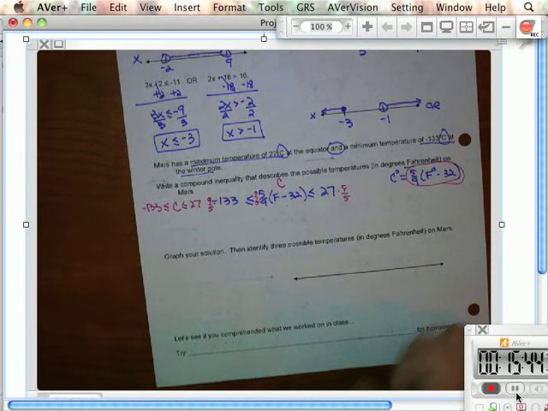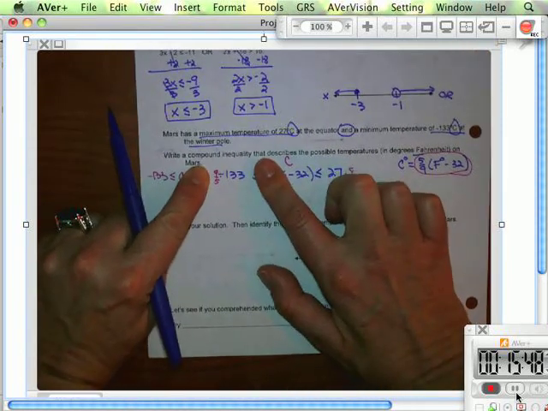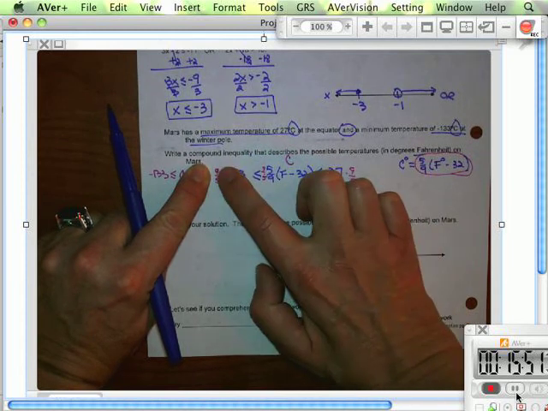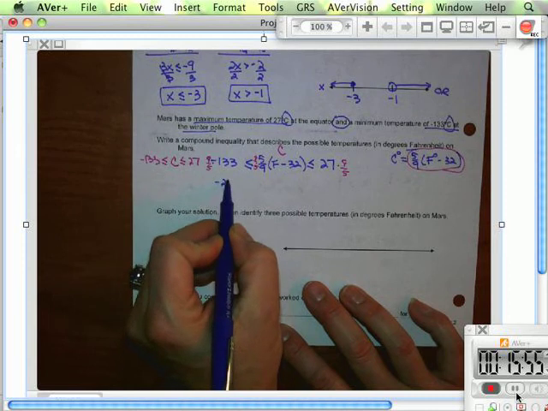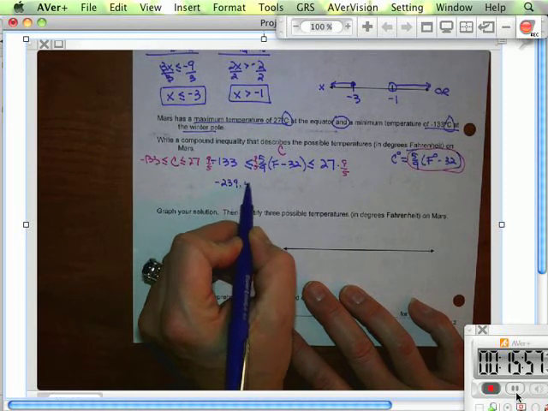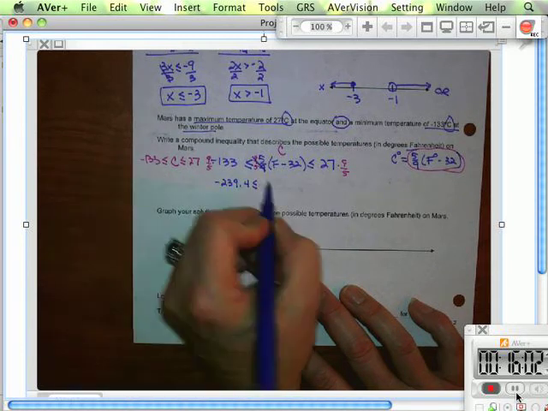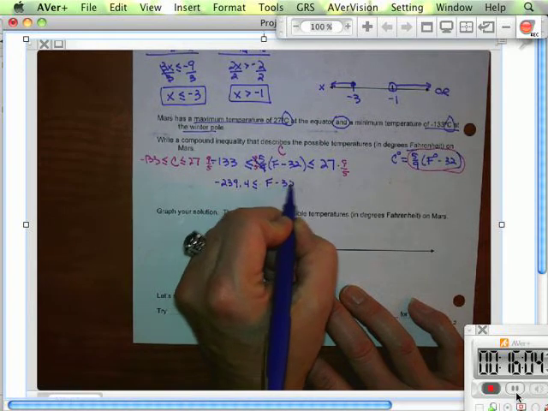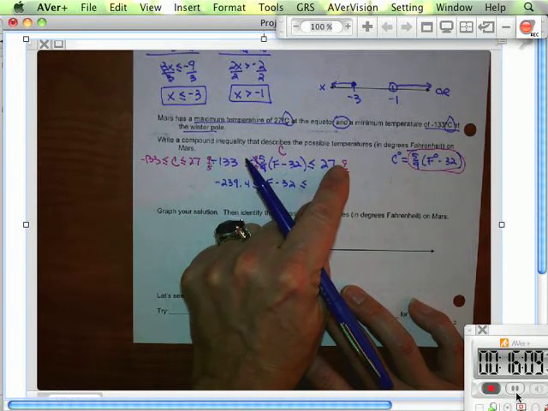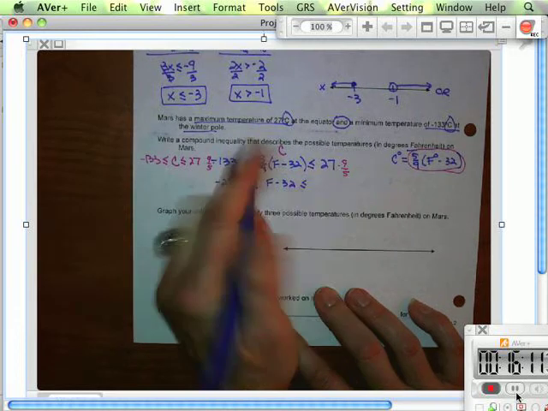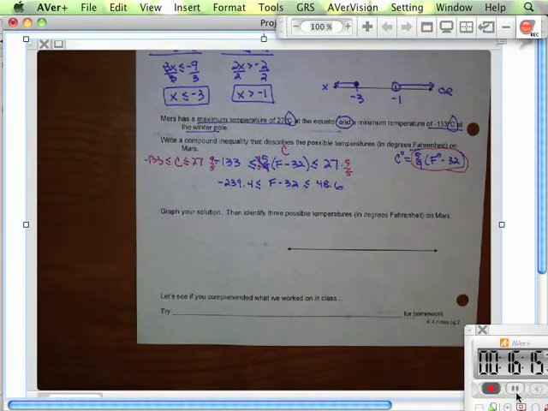Okay, so when I multiply these two together right here, negative 133 times 9 divided by 5, I get negative 239.4, is less than or equal to F minus 32, is less than or equal to 27 times 9 divided by 5, which equals 48.6. So now I'm closer to just getting F, the Fahrenheit temperature.